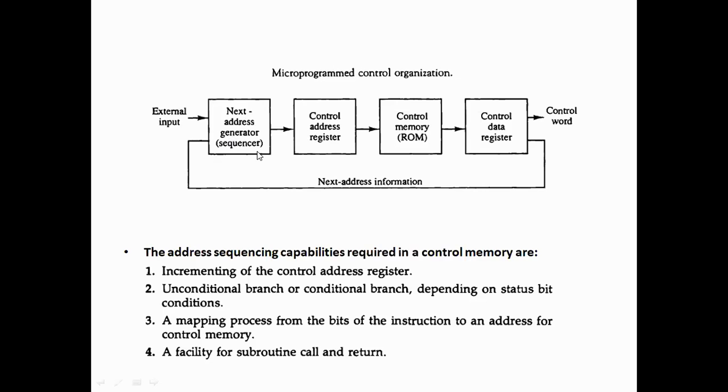Let us first see how this happens. So this next address generation happens. To generate the next address, these capabilities should be there, because if the current address is something, maybe the next address is produced just by an increment. There may be four ways.